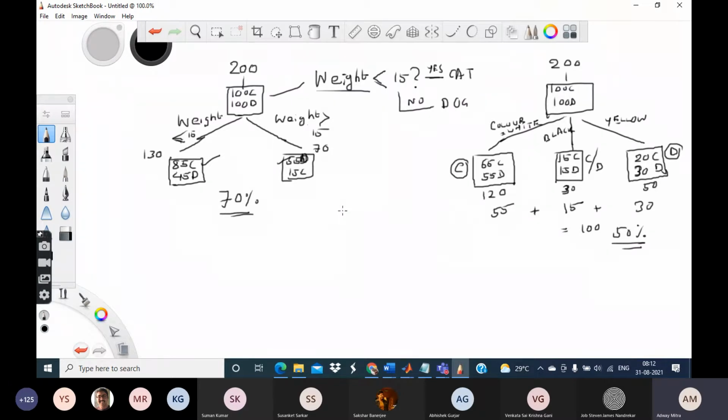But in this case, I have actually been able to get a classification accuracy of 70%, which is not great, but at least it's getting the pass mark. So can we say that the split which we got in this case is somehow better than the split in this case? Can you pinpoint some property of this split which makes it better than this split?